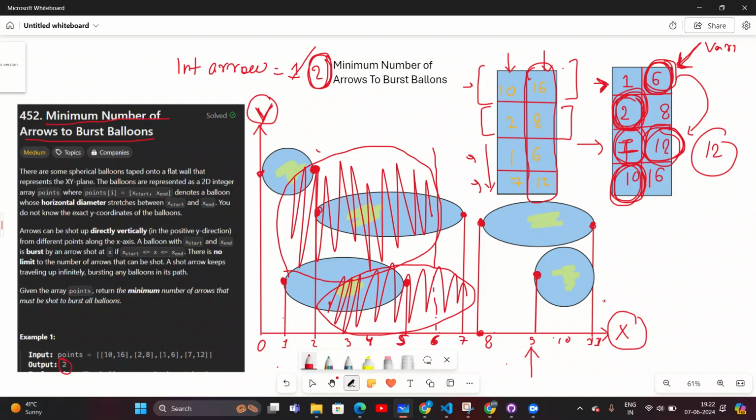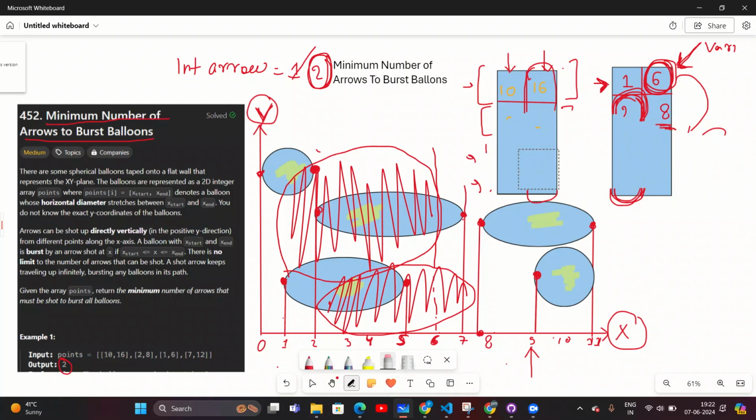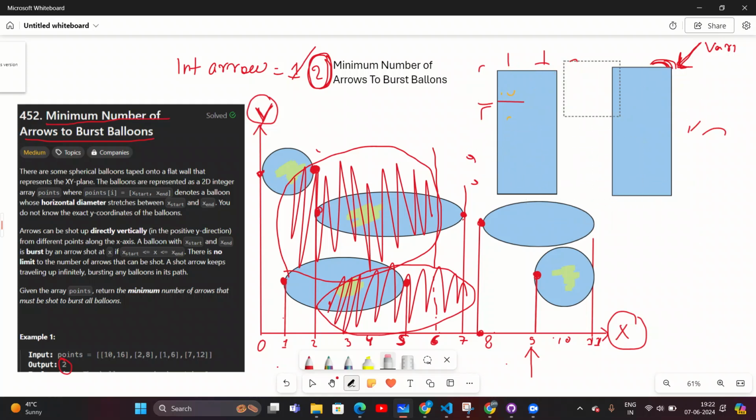What it tells us, basically: let me clear this. The two things that we know were there: one was 7 comma 12 and another was 10 comma 16.